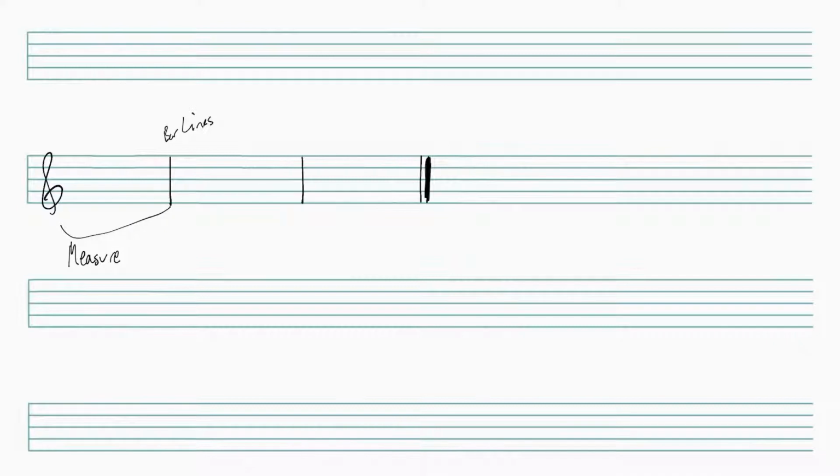Measures are used to organize all the symbols that we have, very similar to how punctuation and spaces organize our letters into words and then eventually into sentences. So the question then becomes, how do we know what we can put within one measure? The answer to that comes from time signatures.